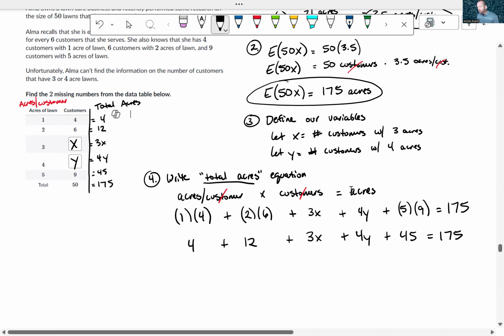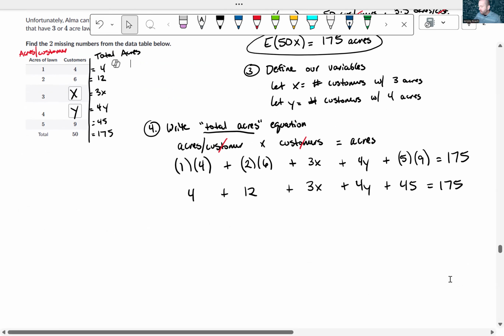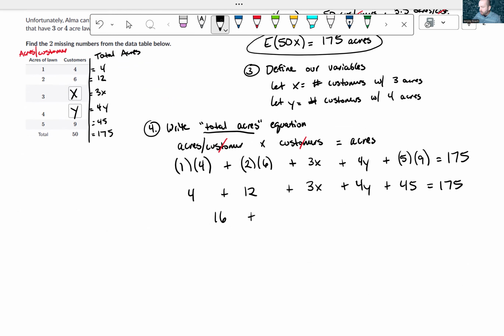Okay, now we're going to simplify this equation. And this becomes 16 plus 3x plus 4y plus 45 equals 175. And it becomes 3x plus 4y plus 61 equals 175.